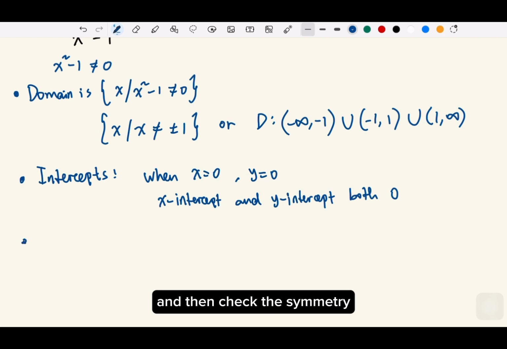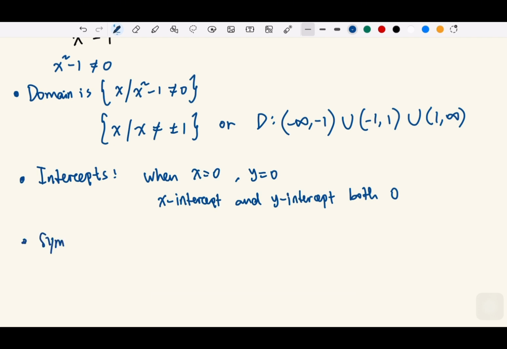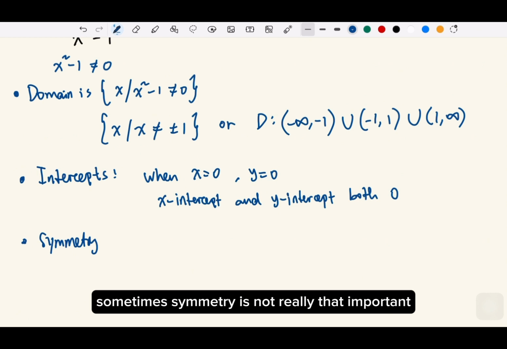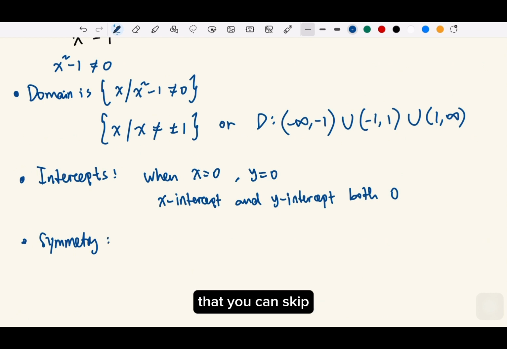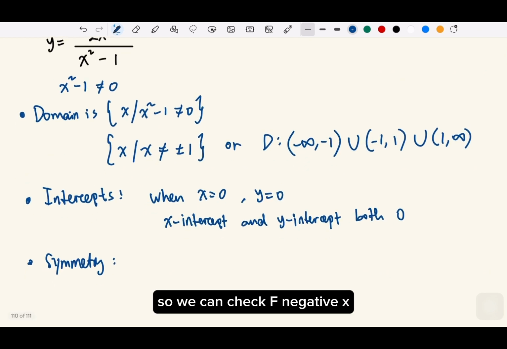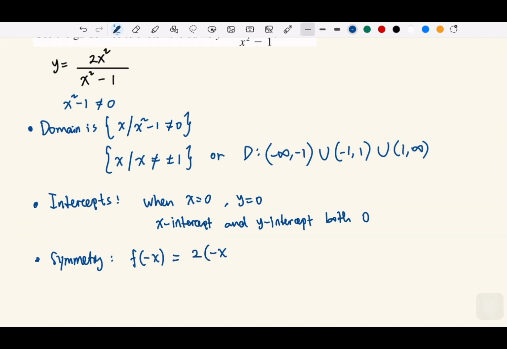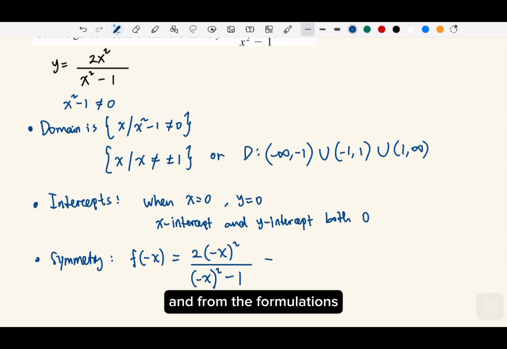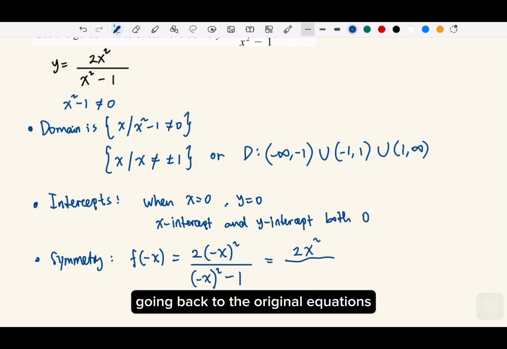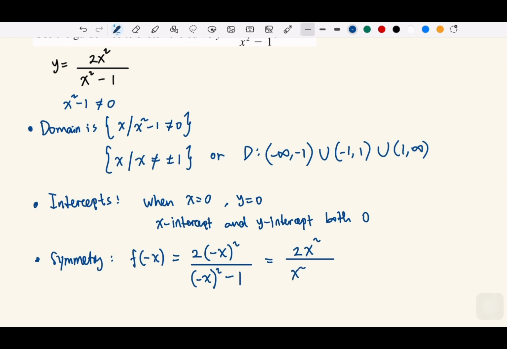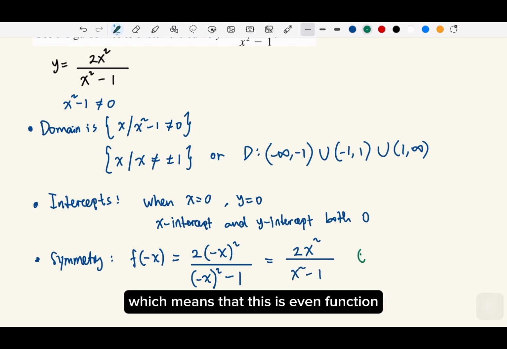And then check the symmetry. Sometimes symmetry is not really that important and you can skip it, but we can check anyway. So we can check f of negative x, and from the formulation we get that this is going back to the original equation, which means that this is an even function.